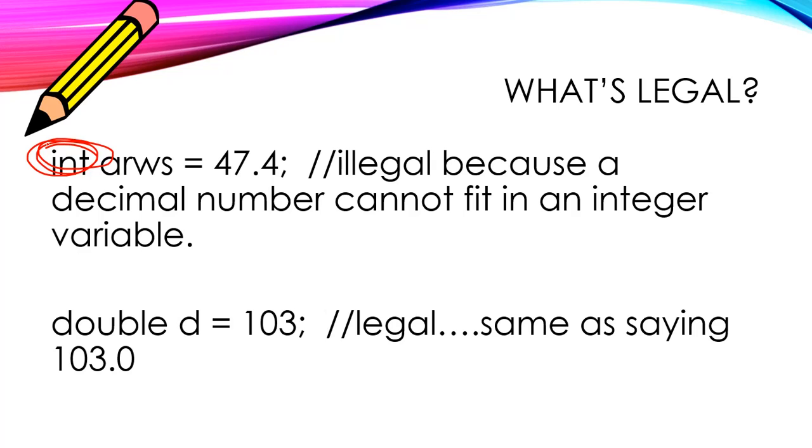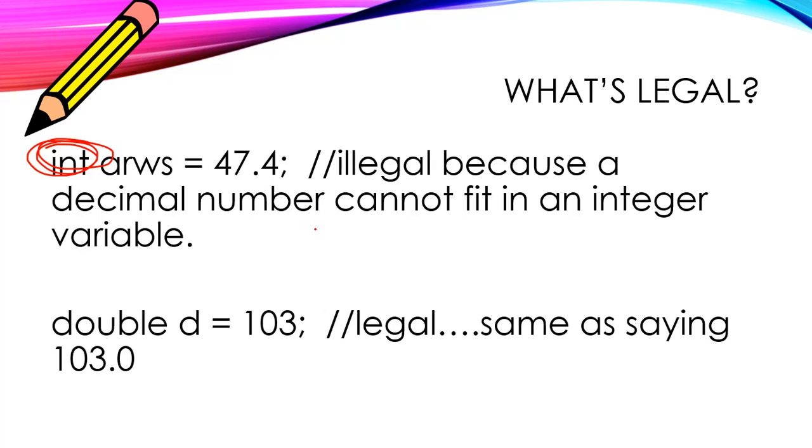No decimal is allowed. So I can't put 47.4 in. This is illegal because a decimal number cannot fit inside of an integer variable. There's not enough bits to be stored for that variable. So keep that in mind. It will not round. It will literally cause an error in your program.